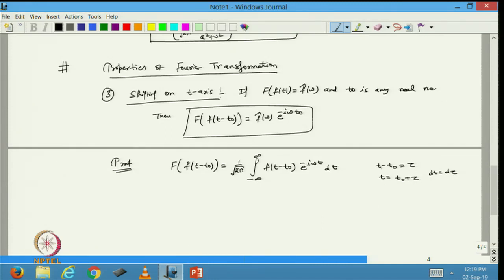When t is infinity, then tau will be infinity. So, if I apply this transformation, I will get 1 over under root 2 pi, integral of f of tau, this is the tau we have taken, e raised to minus i omega, and instead of t I put t naught plus tau, d tau.